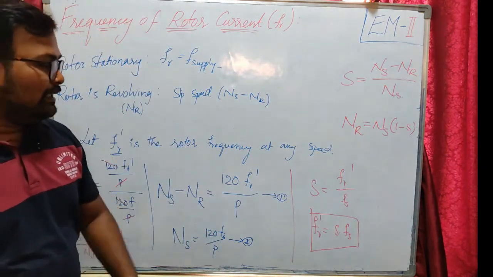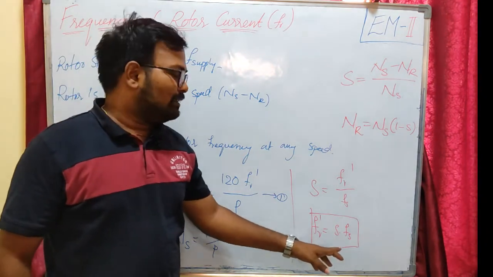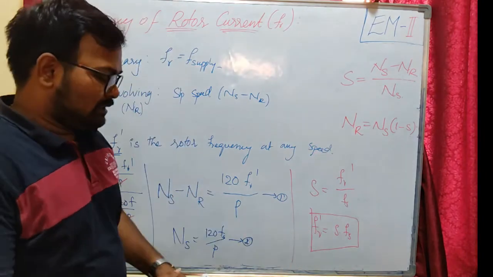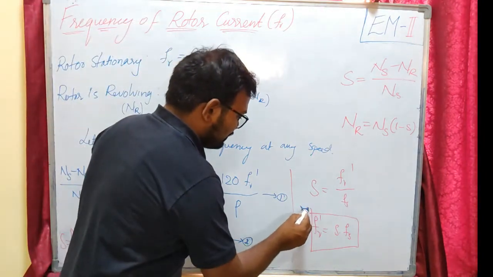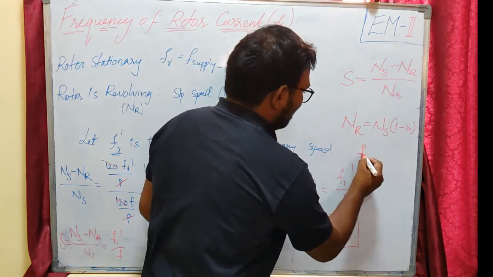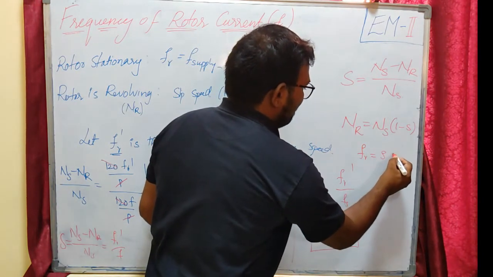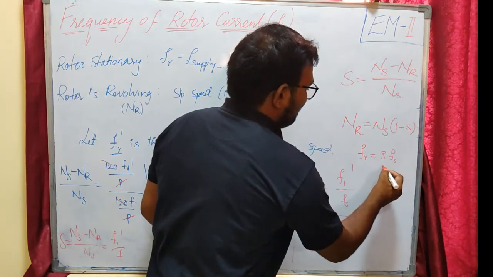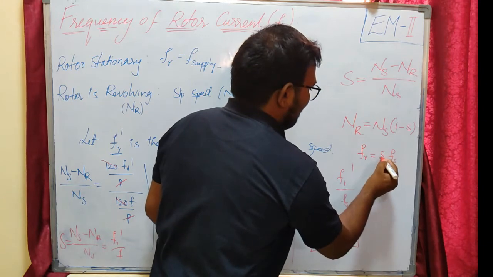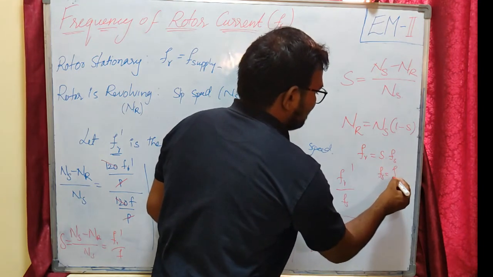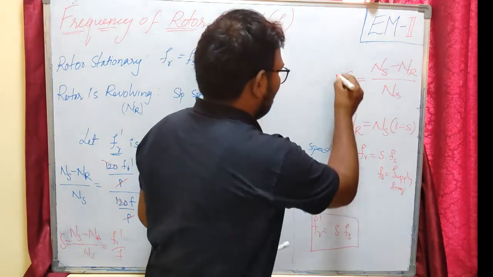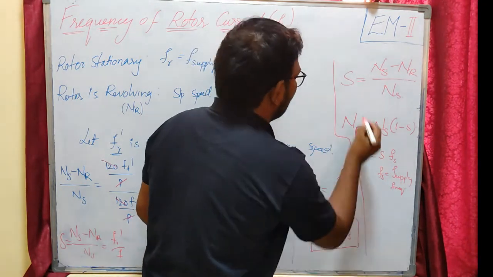That means at any instance our rotor frequency equals slip times our supply frequency. This is another most important expression that I am going to write here: Fr equal to S into Fs, where Fs is the supply frequency.